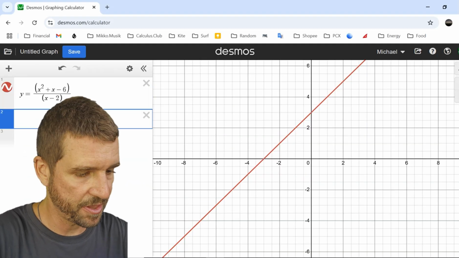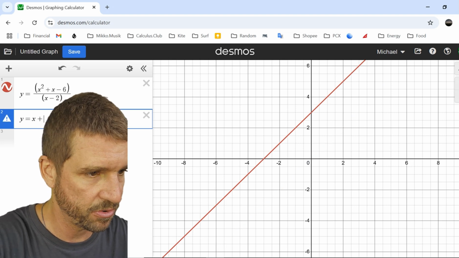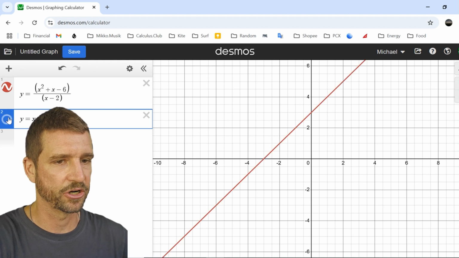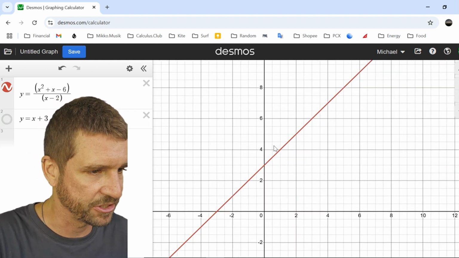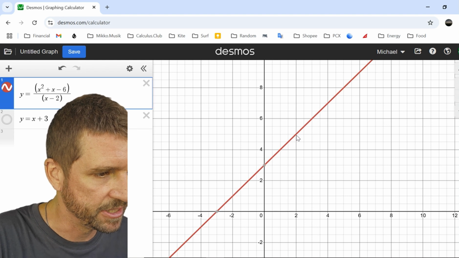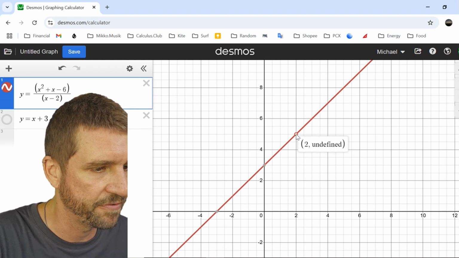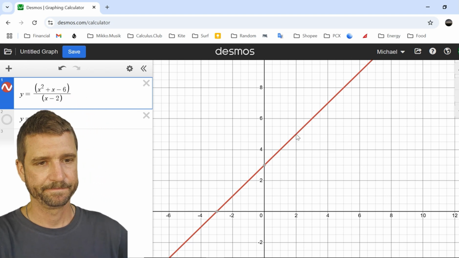And then we showed that that equals y equals x plus 3, right? And you can notice the red and the blue are exactly equivalent. The only thing is, on the red at 2, you would have a discontinuity. And it's not going to let me highlight 2, undefined. So you see you have that hole there, okay?